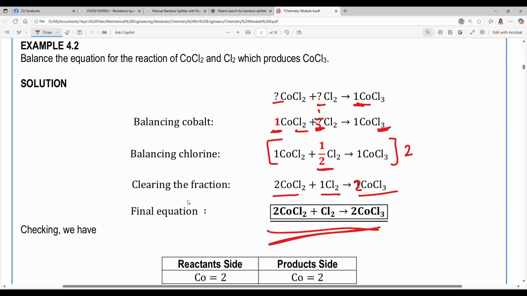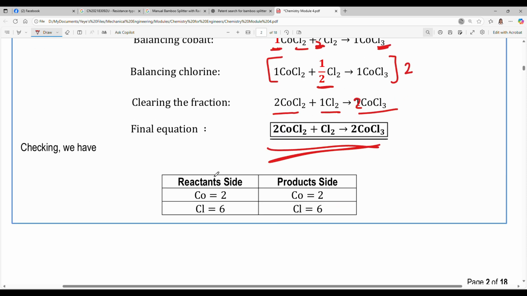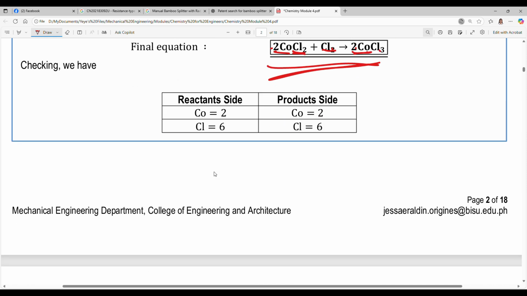Okay, so this is now the final equation. So checking, let's check if it is really equal. Cobalt on the reactant side, 2, here 2. The chlorine, 2 times 2 is 4 plus 2 is 6. On the product side, 2 times 3 is 6. So the equation is now balanced.